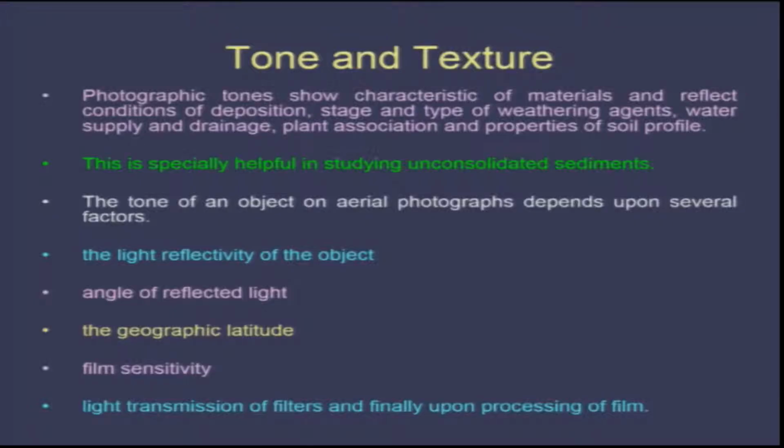So, at what angle your light is reflected back, and in what latitude you are in, because the sun rays will have a different angle at different points. That is an important point. And then what type of film you are using, either a normal film or a panchromatic film, where different shades will be recorded based on the different reflectance.